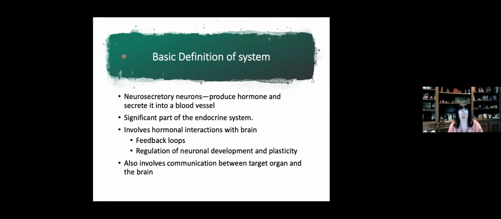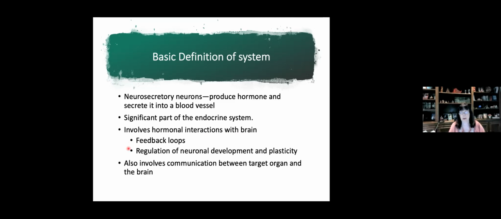So the neuroendocrine system obviously includes neurons, but these neurons are really special. They produce hormones and secrete them into a blood vessel, and they've become a very significant part of the endocrine system. However, the whole system also involves all of the loops and interactions with the brain from the periphery.